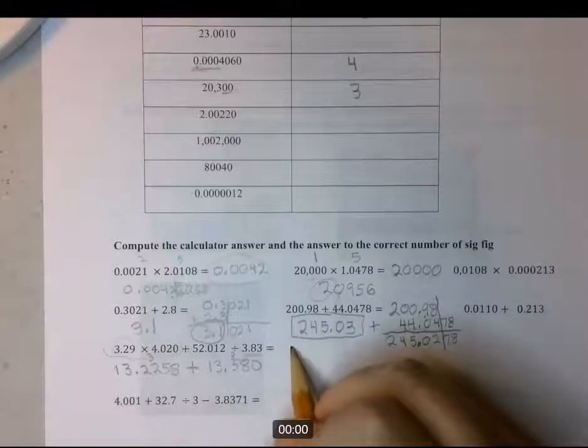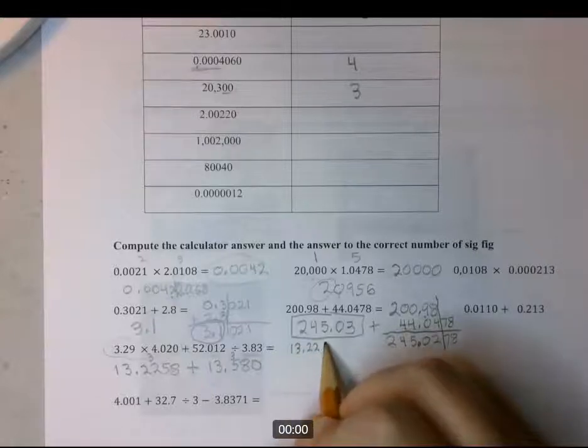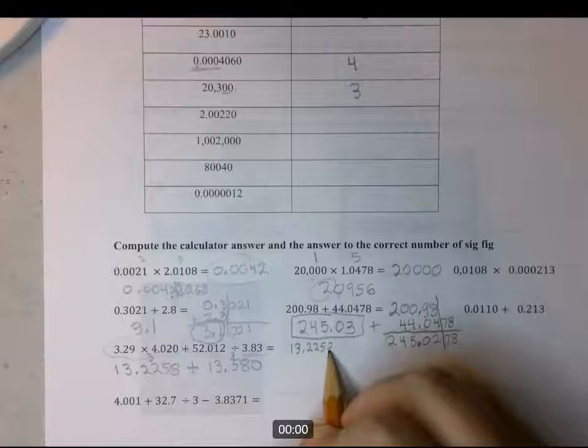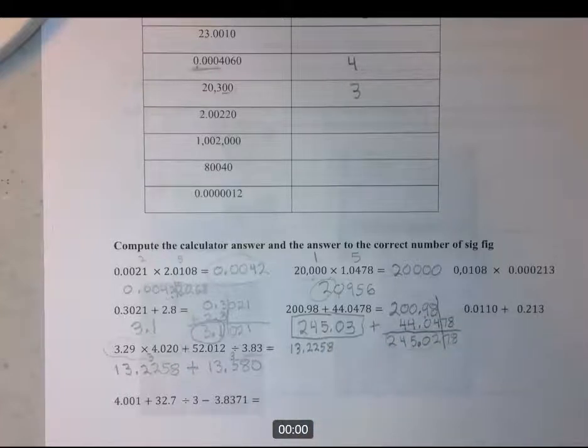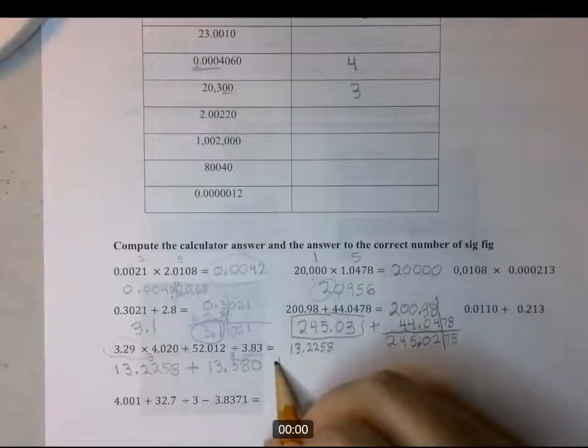So let's go ahead and add those numbers. Let's line them up. You don't round anything until the very end, unless, as I said, it's a very long number on your calculator, and then you can take the liberty of doing that.